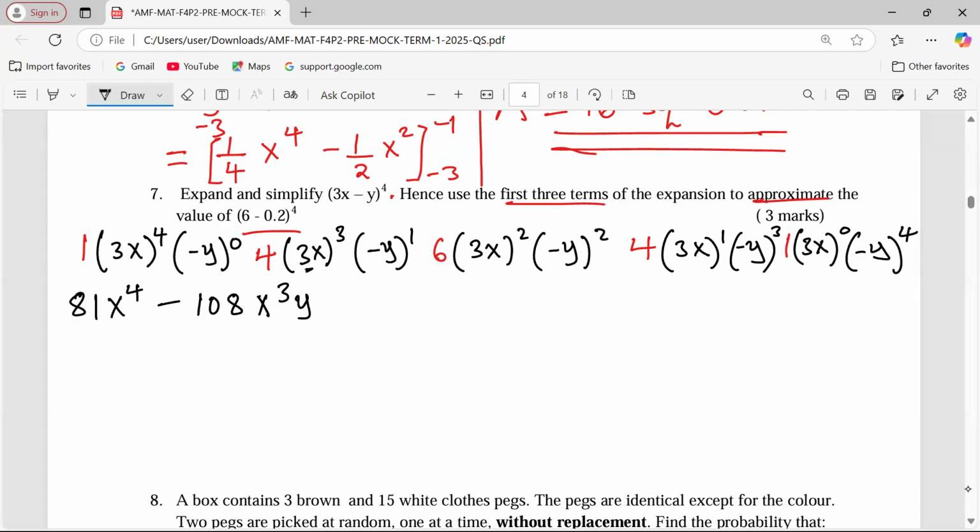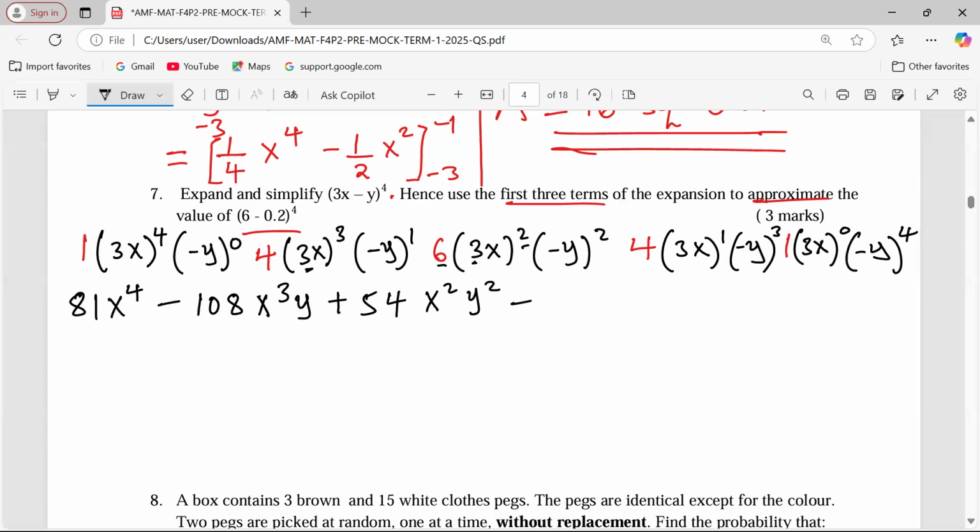The next term will have to be positive, because negative y is being squared. The negative disappears, because negative y times negative y becomes positive y squared. 3^2 becomes 9, then there is a 6 here, and that will give us 54x^2 y^2.